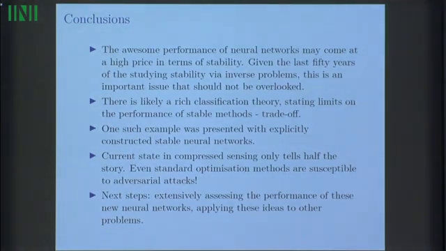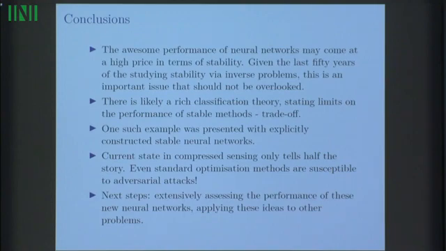So just to conclude, the awesome performance of neural networks may come at a high price in terms of stability, and given the last 50 years of numerical analysis and inverse problems, this isn't something that we should just throw away, right? We need to look at this carefully. There's likely a rich classification theory which states limits on performance by balancing stability and performance.